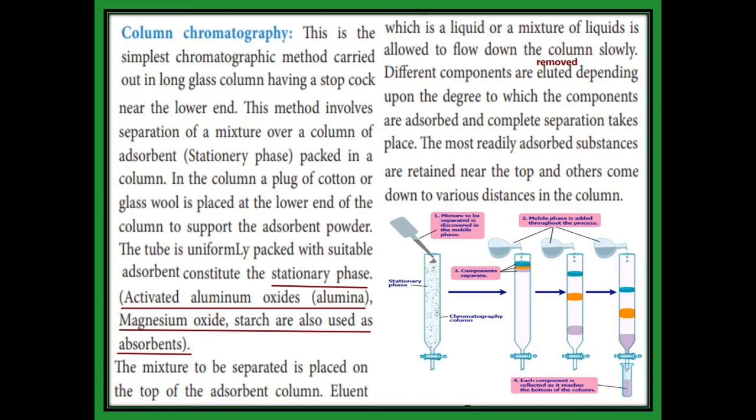This solvent that is added is called the eluent. It elutes, meaning it removes the colored compound. On seeing the color, with the help of the knob we can easily separate the compounds. So column chromatography, I think with the help of the diagram you can understand column chromatography.